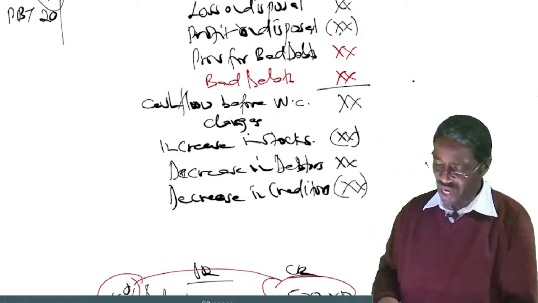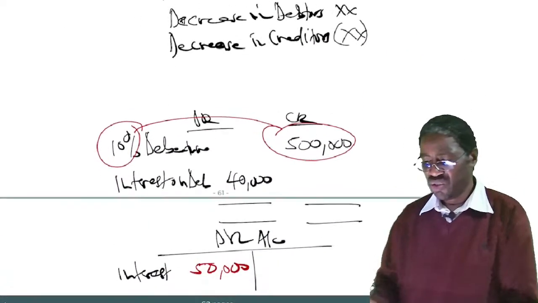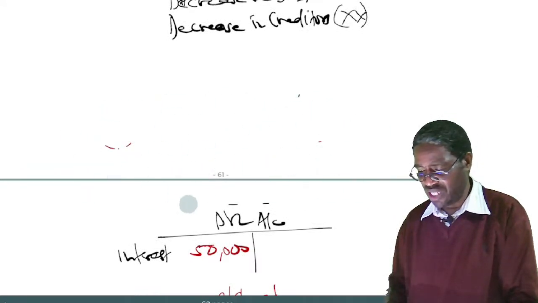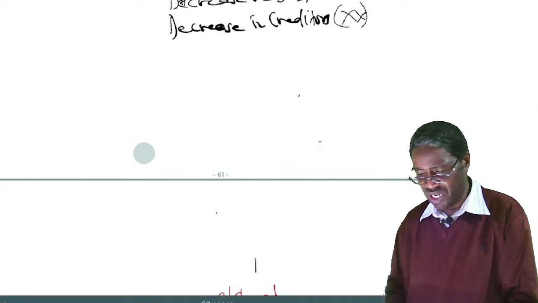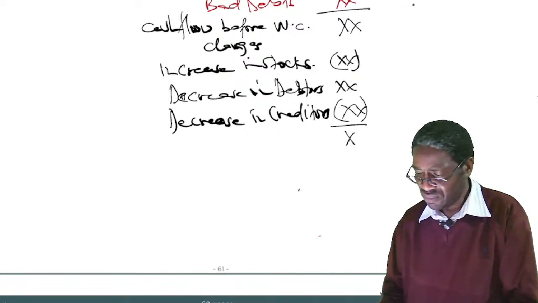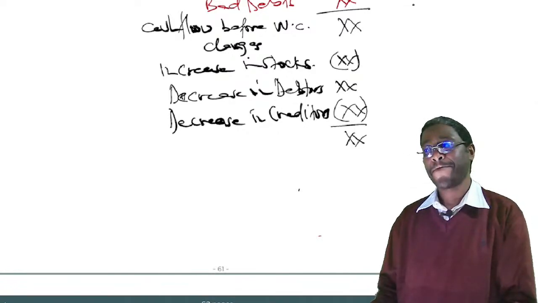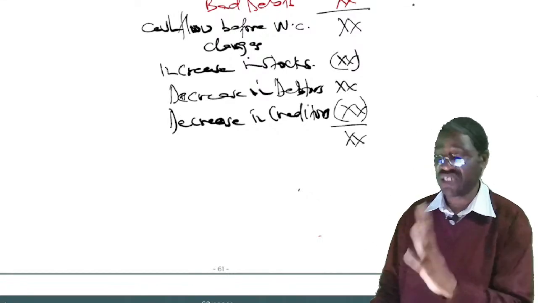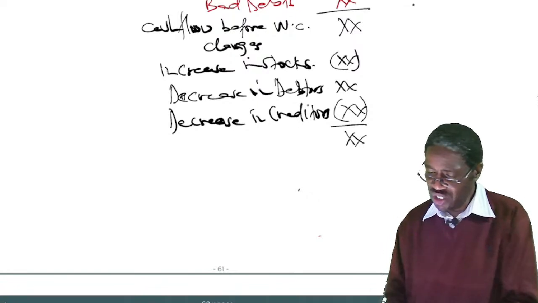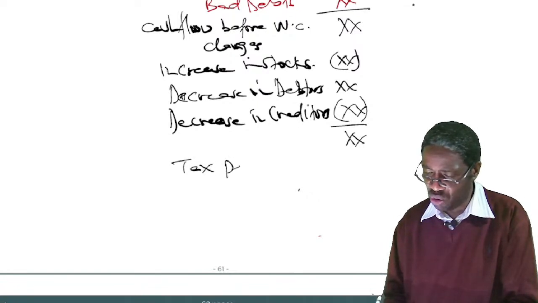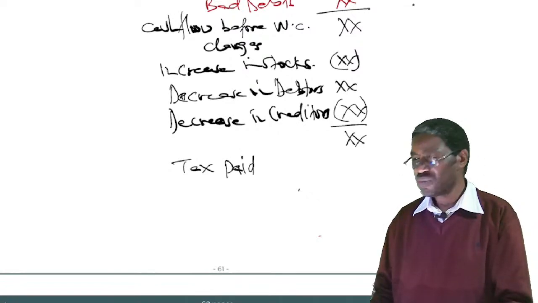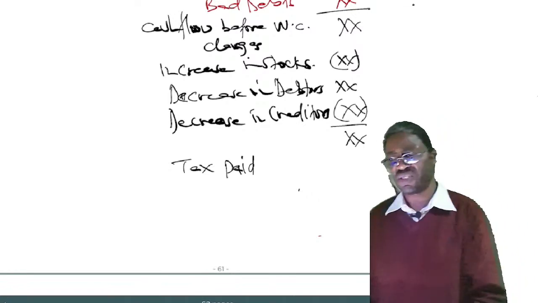Let me assume those are the only working capital items now. Once I'm through, I get the net for them. Whatever it is, it could be positive or negative. Then from there, you minus what you call tax paid, whatever we paid for taxes this year.